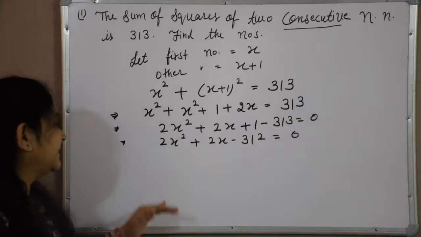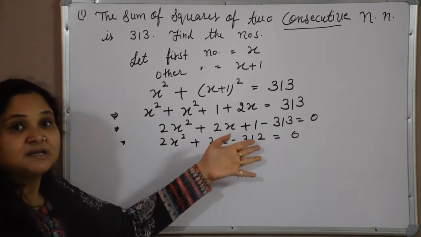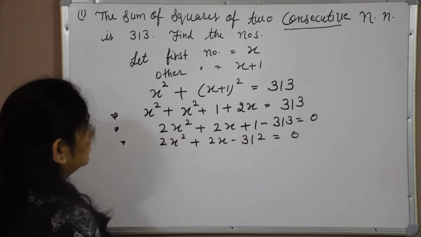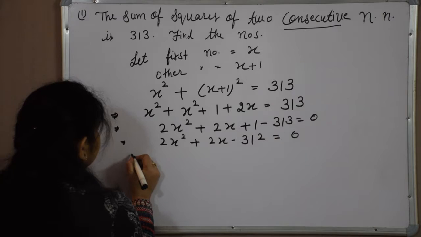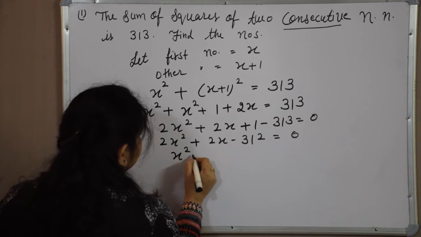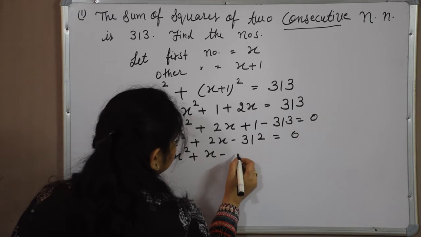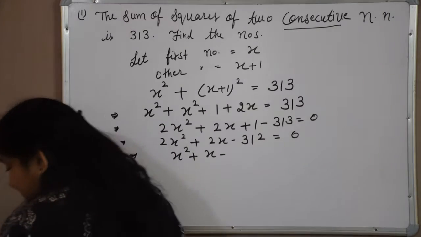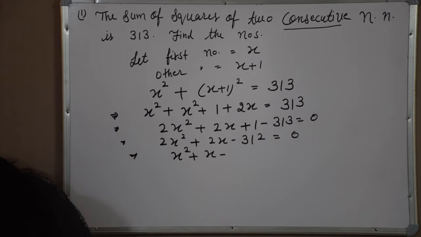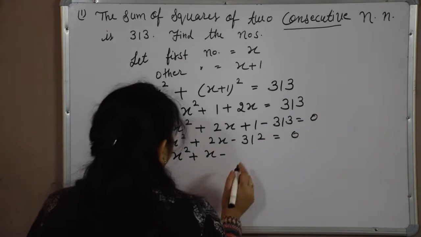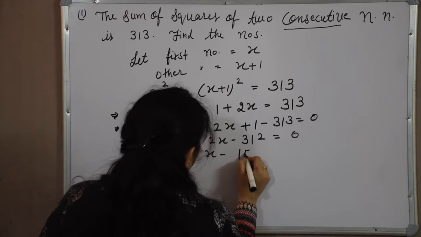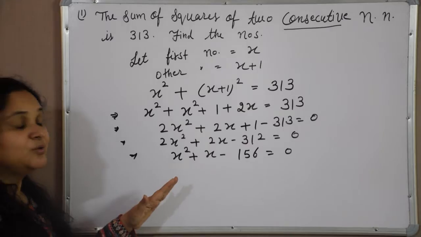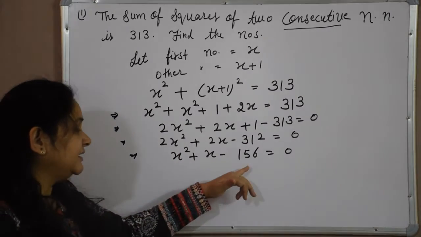Now throughout we can cancel by 2, because 2 is there in every term. This implies x square plus x minus 156 equals 0.